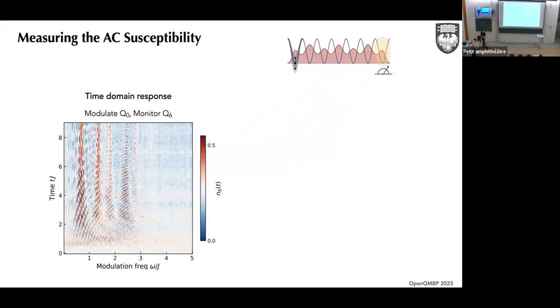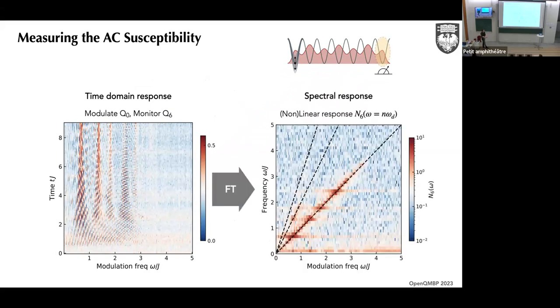This is the data where we modulate these fluids and look at the lattice density response as a function of the modulation frequency. It's a bit complicated to look at, but if you want to look at the spectral response, take the Fourier transform of this data set, and you can see that most of your data is along the linear response regime. So if I shake this fluid at omega, it's going to respond at omega. If I drive it faster, it's only going to respond at 2 omega, 3 omega, and so on.